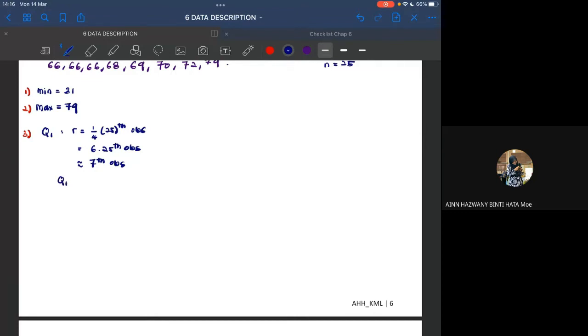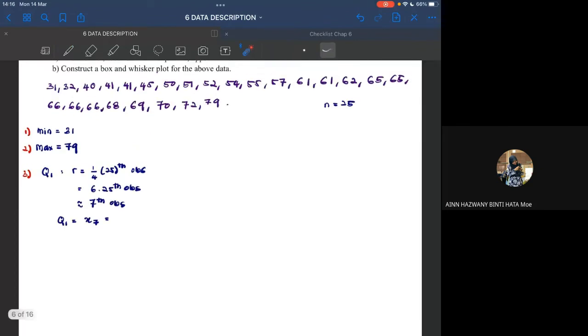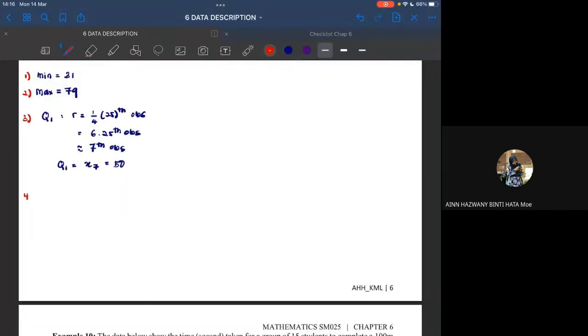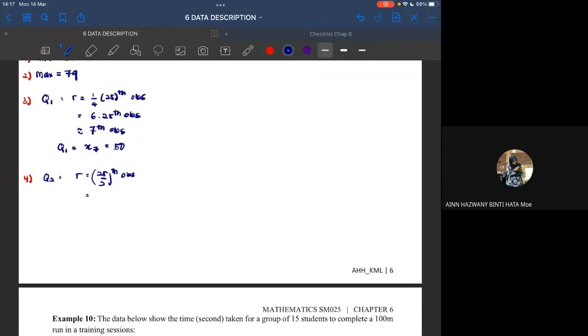So Q1 kita is equals to observation yang ke-7, which is 50. Okay, settle Q1. Q2. To find Q2, kamu boleh juga guna 2/4 ataupun nak terus guna N/2 pun boleh juga, sama je. 25/2 observation, we get 12.5 observation.